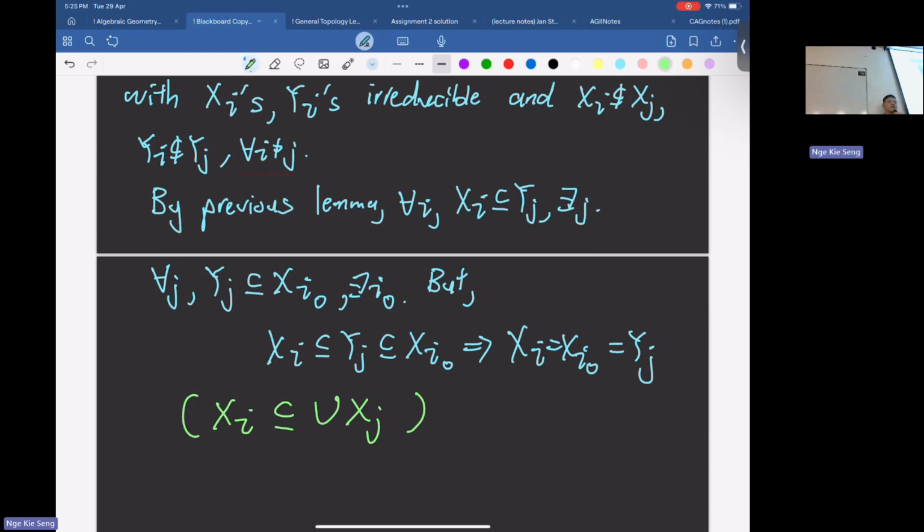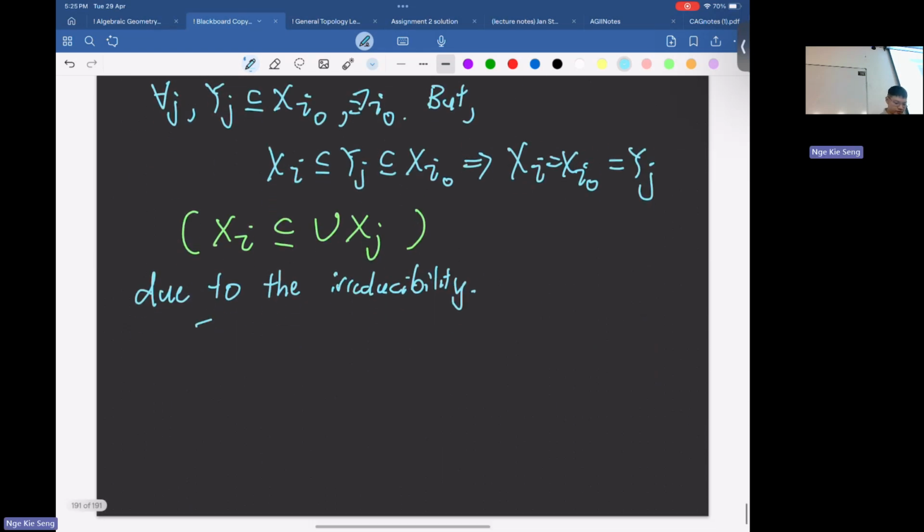You get a new irreducible inside here. So it must be one of the Sj. Which one? It already lives inside Xi naught, so it should be that one. Otherwise you have a new irreducible. So it should be that Xij, due to the irreducibility.